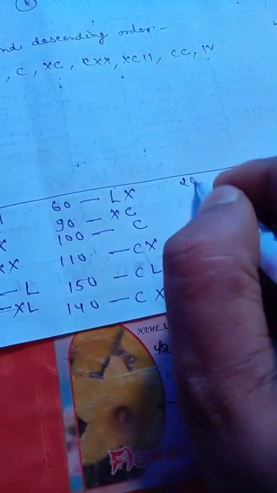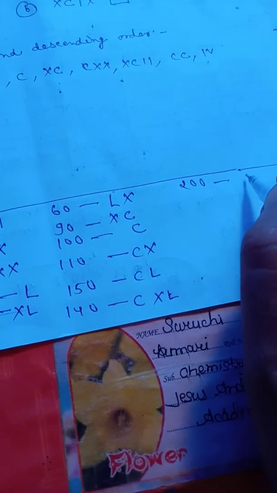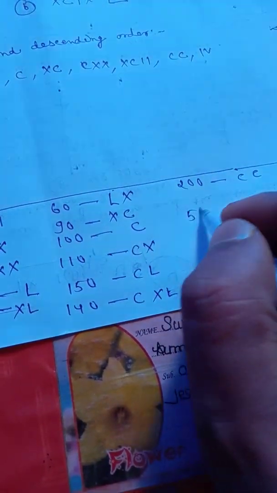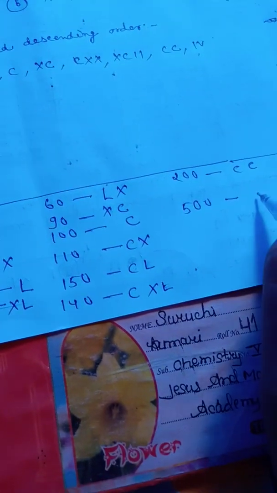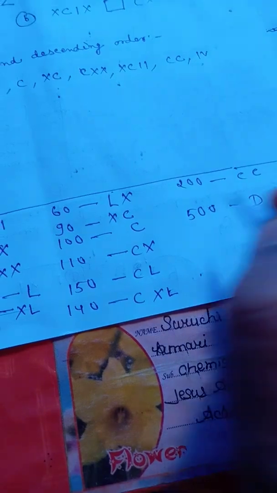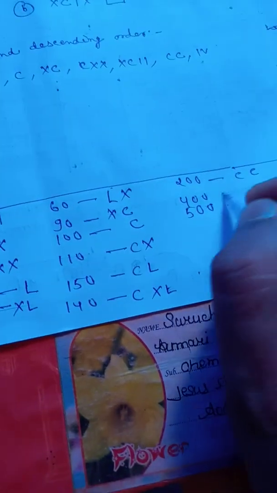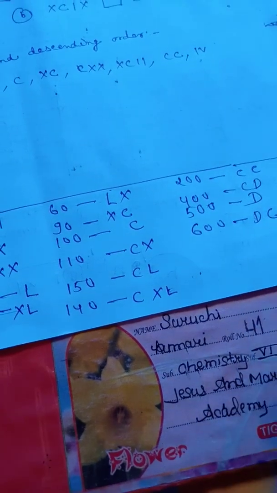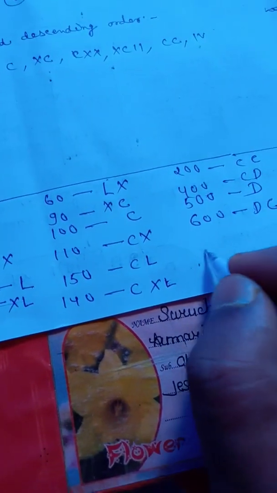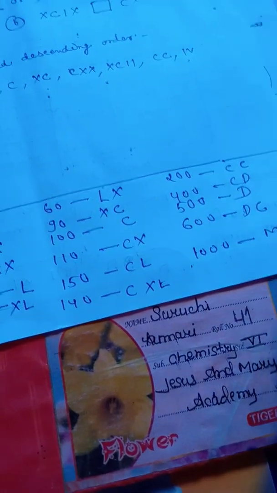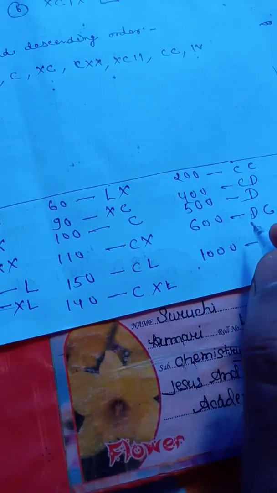Now 200 is represented in Roman numbers as CC, 500 is represented as D, 400 CD, 600 DC. In the same way, 1000 is represented in Roman numbers as M, 2000 MM.